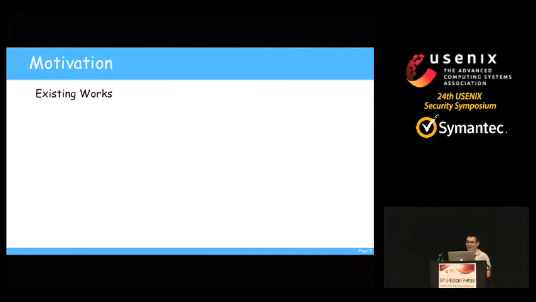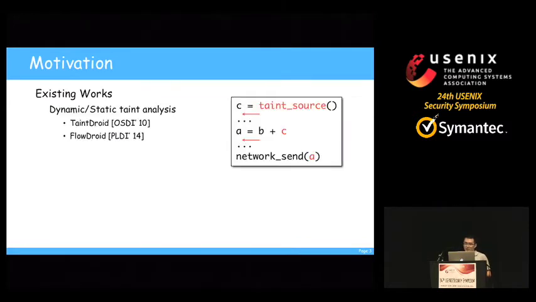Lots of program analysis techniques have been proposed to analyze or detect privacy leakage in mobile apps. Existing work like TaintDroid monitors user-sensitive data dynamically. Other work like FlowDroid uses static analysis to detect and evaluate potential privacy leakage at large scale.